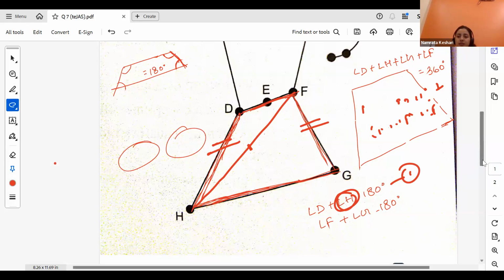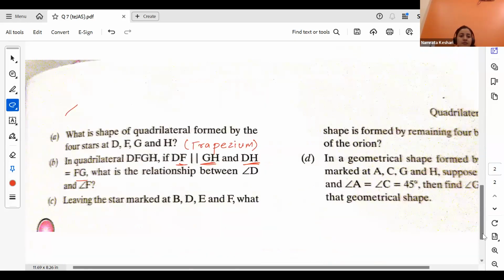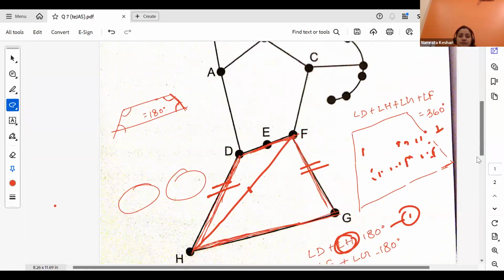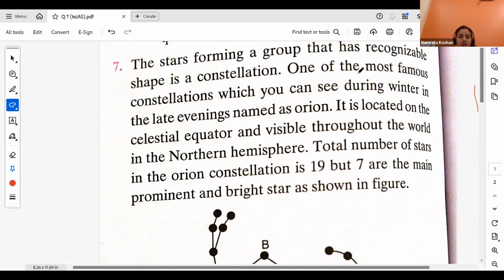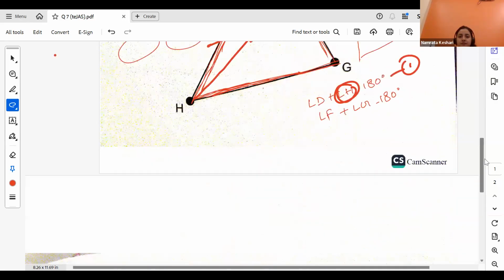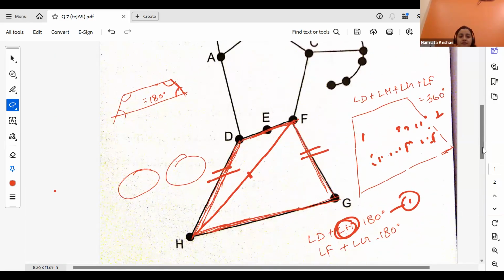Okay, what else can be taken? Check the question. Is it possible to prove this as perpendicular? We don't know whether DF and this one are, and any other angle also we are not able to say.